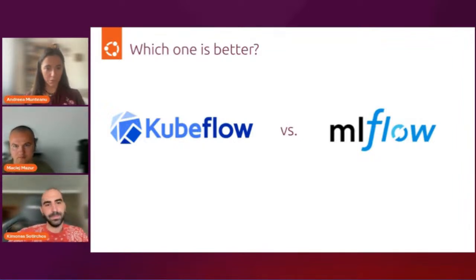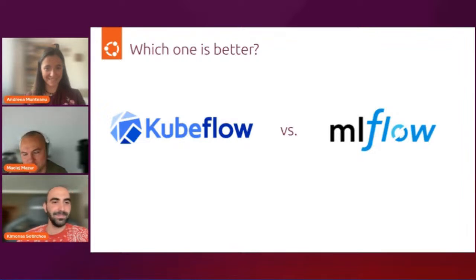Maciej, how do you counterattack it? What are your thoughts on which one is better? Well, my thoughts are a little bit different, because I don't really think that you can compare them one-to-one and say that one is better versus another, because they serve different purposes, right? Kubeflow basically allows you to utilize Kubernetes for machine learning in a proper way. If you are using something else, like, I don't know, you are working on SageMaker and you want a model repository, you still can go with MLflow, right?